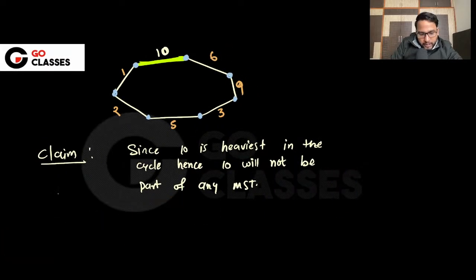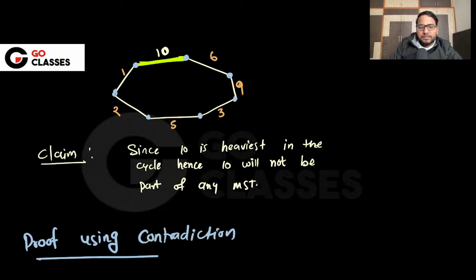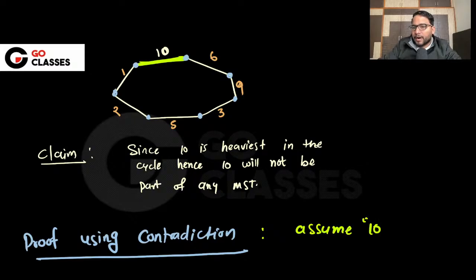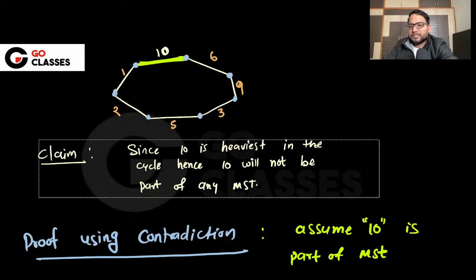So proof using contradiction, which means we will first assume 10 is part of the MST, and then we will later on say that okay, this is not possible, hence we will disprove it. Okay, so proof by contradiction means we will first assume that 10 is part of the MST.